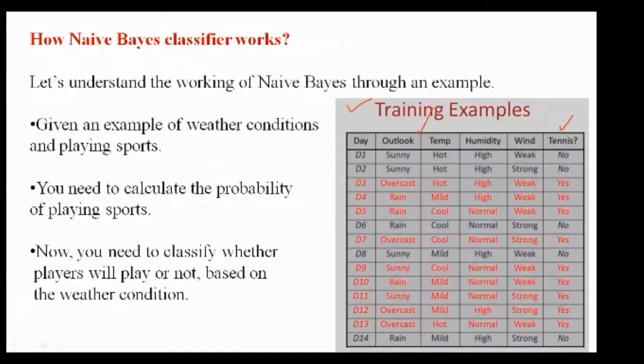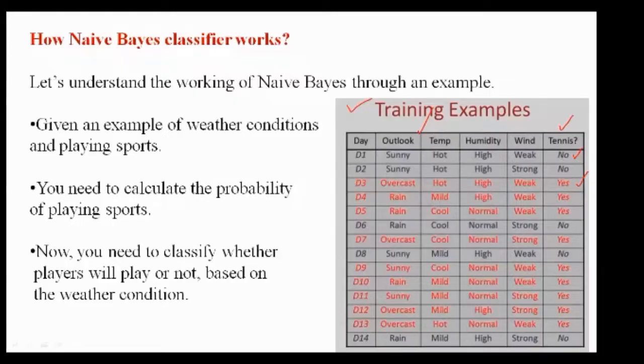Along with this input, output is also provided here because it is supervised learning. If these four conditions are satisfied, then the user cannot play tennis. That is no. If these four conditions are satisfied, the user can play tennis.